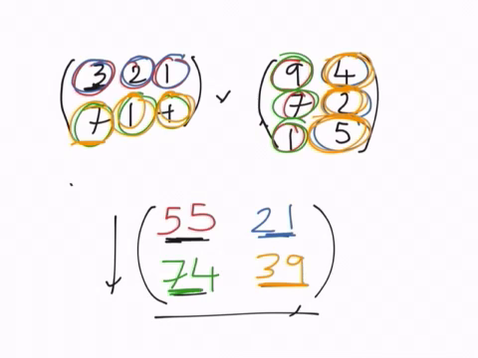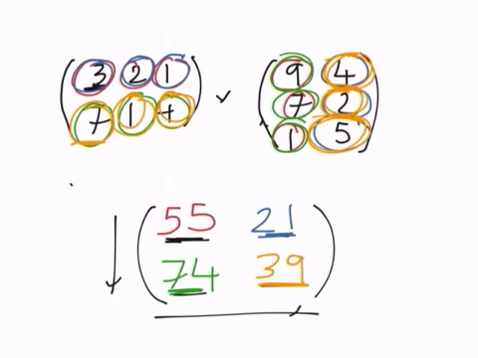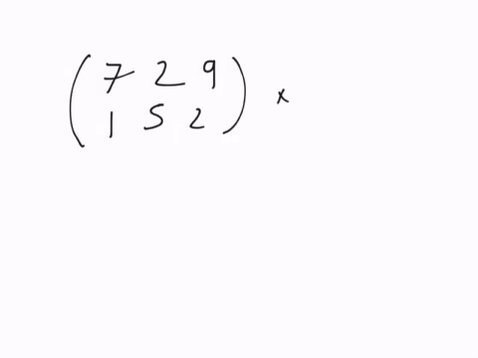I'm going to explain to you why the dimensions matter now. So say we had this instead. In fact, let's do it by virtue of a new example. 7, 2, 9, 1, 5, 2 times 1, 7, 2, 9.